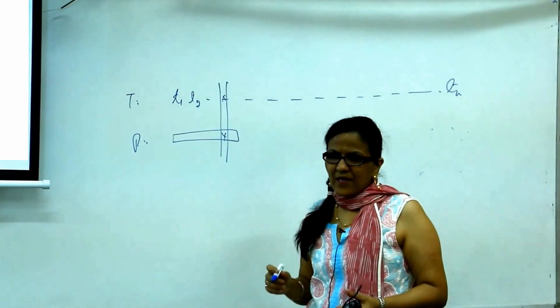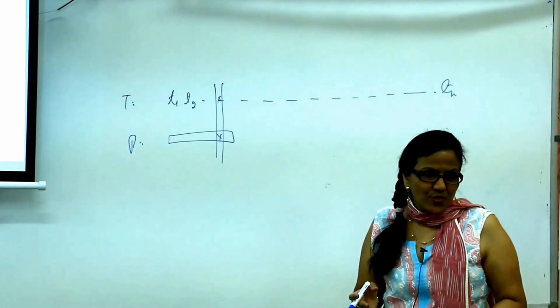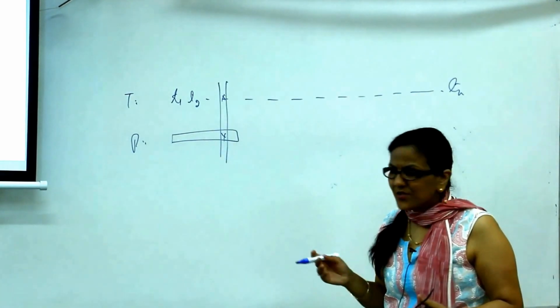And suppose my R turns out to be k minus 2, which tells me that I should shift only by one position.